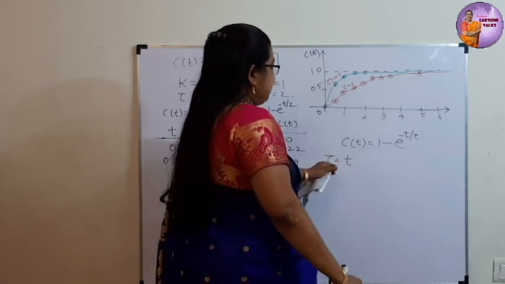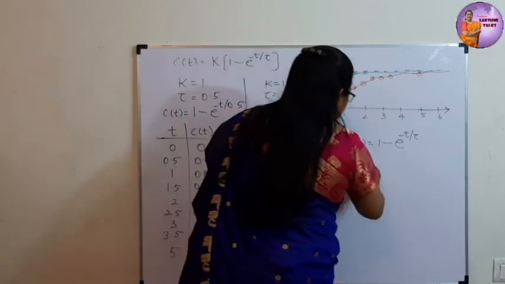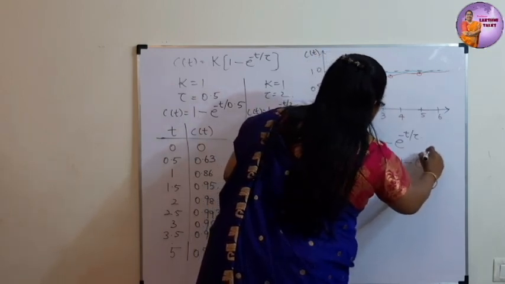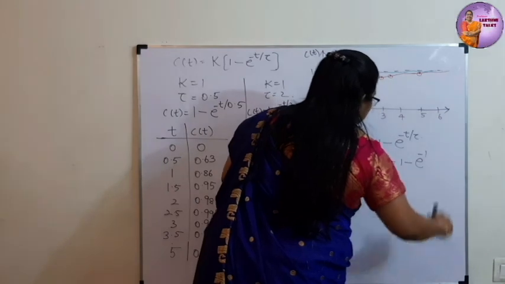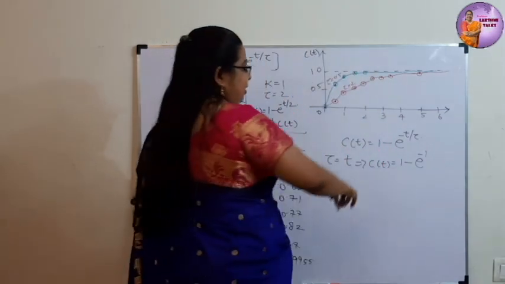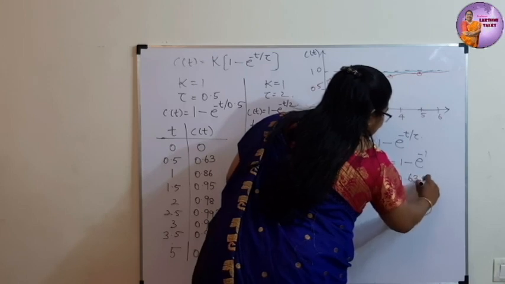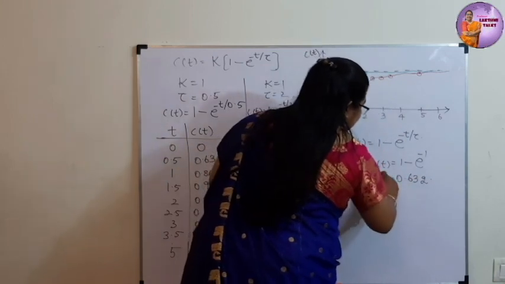When tau is equal to t, you just substitute it there. So c of t becomes 1 minus e power minus 1. When you find out the value, it is 0.632. That is c of t.